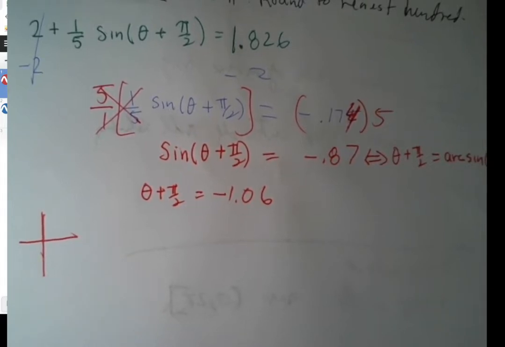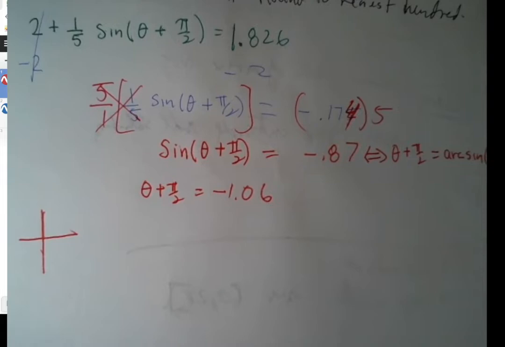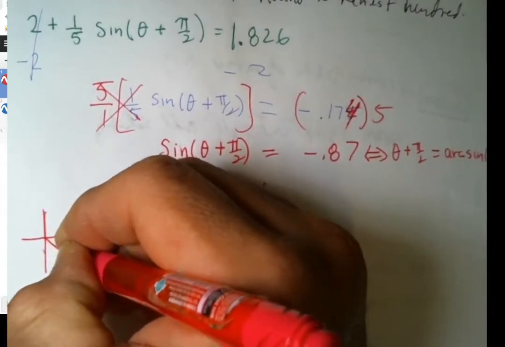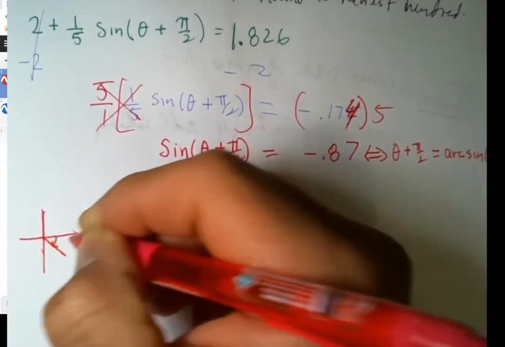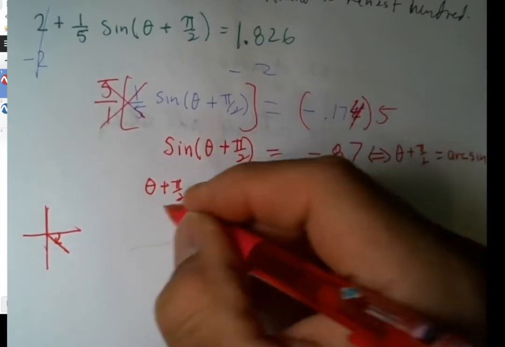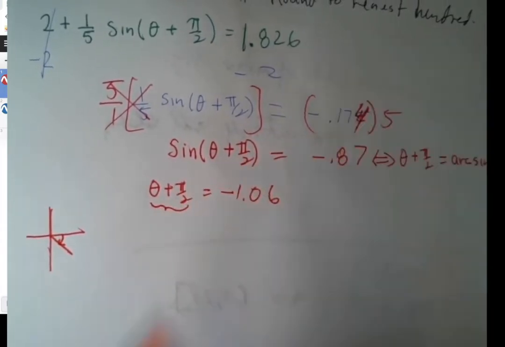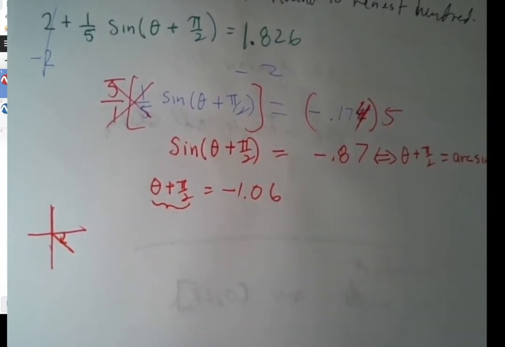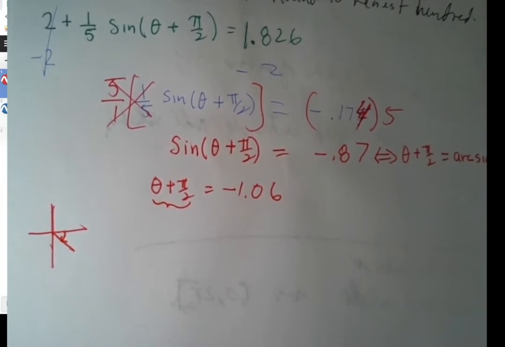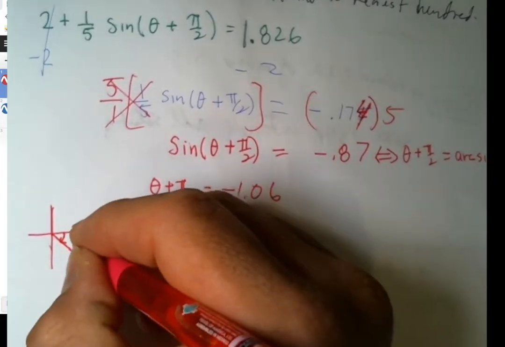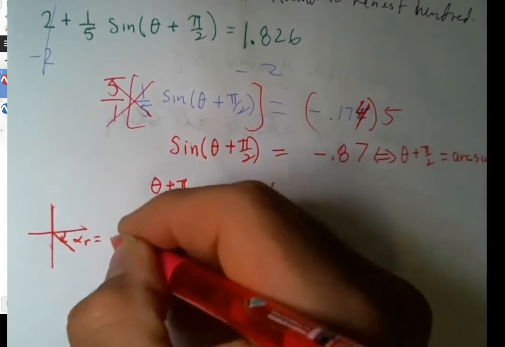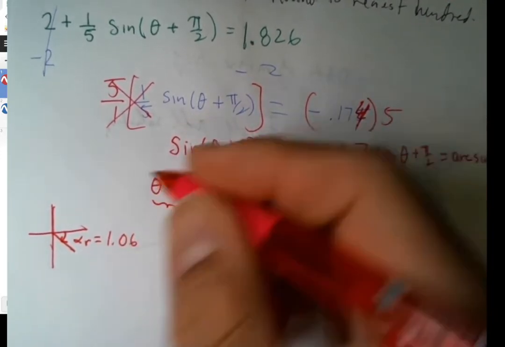And so we need to know how to interpret these results. So what we have here is this angle, theta plus pi over 2, to be 1.06. So the reference angle, that's easy to find. It's just a positive value here, 1.06.